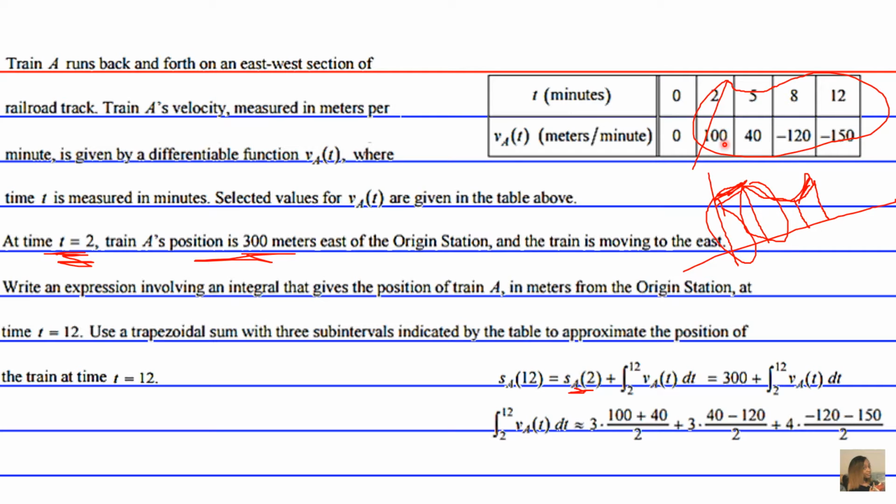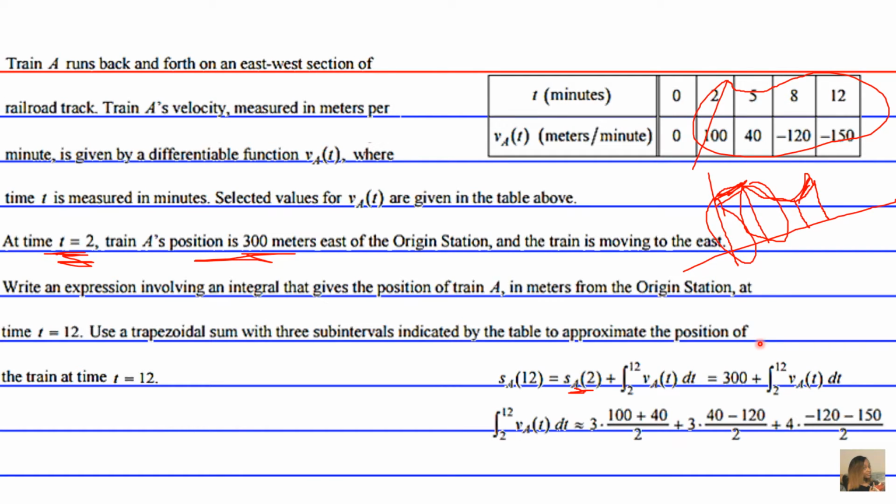And the heights are just the y values or VA of t values. So here you see your 100 plus 40 divided by 2. So we get the average, which is about 70 times 3. And earlier I had said that the subinterval, some smart person came up with it, but actually this is the width or the base of the trapezoid. So it's like 3 minutes, okay?